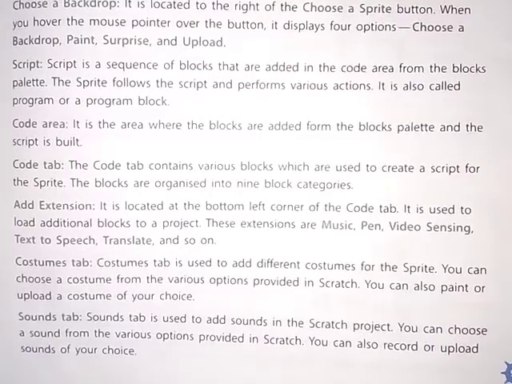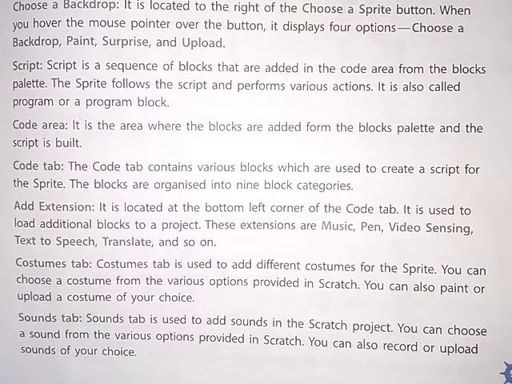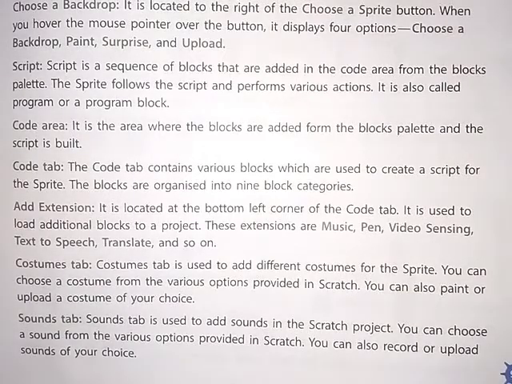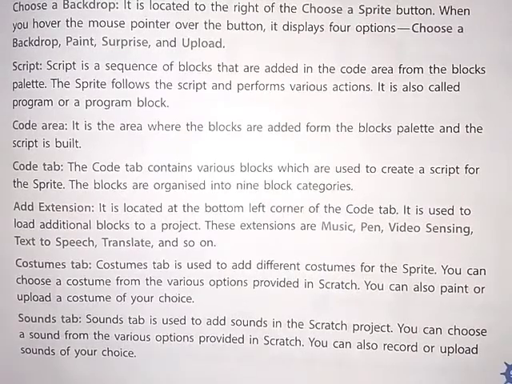Script. Script is a sequence of blocks that are added in the code area from the blocks palette. The sprite follows the script and performs various actions. It is also called program or a program block.